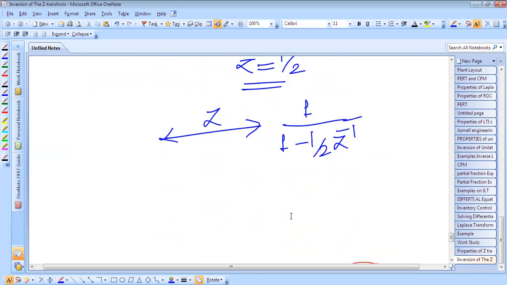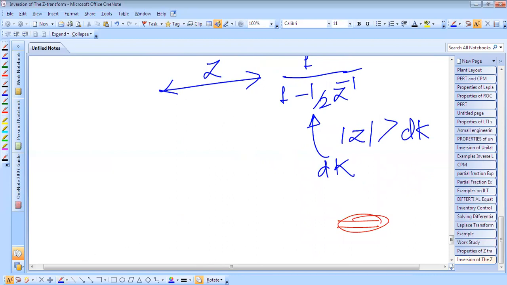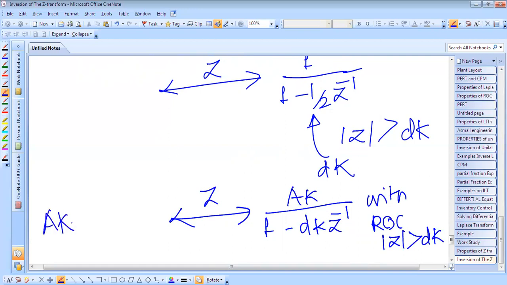We have already seen that if such a case occurs, where the magnitude of z is greater than dk, then we can write: Ak over (1 - dk z^-1), with ROC magnitude of z greater than dk, has the inverse transform Ak times dk^n times u[n].